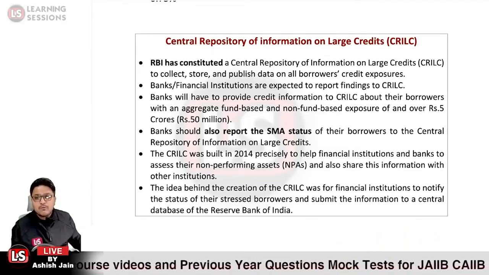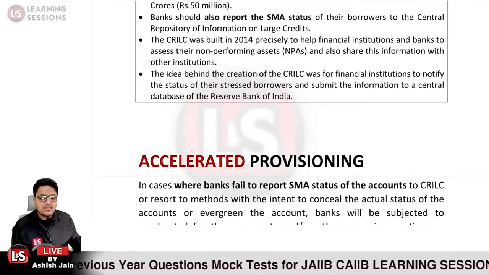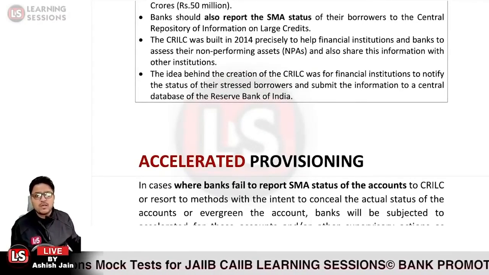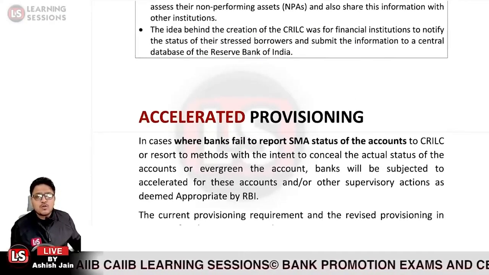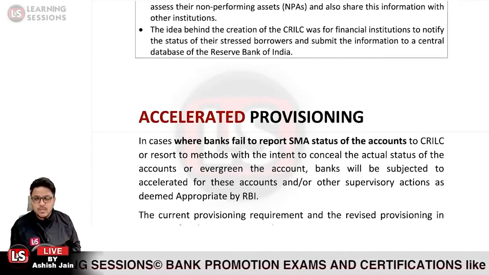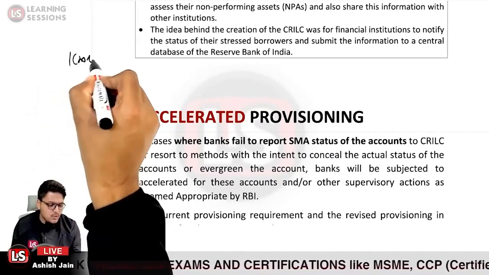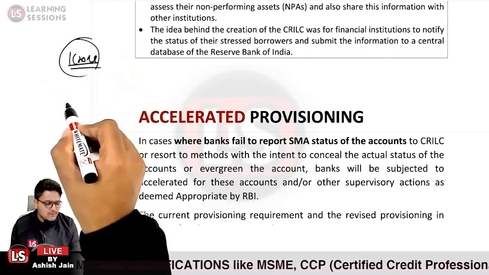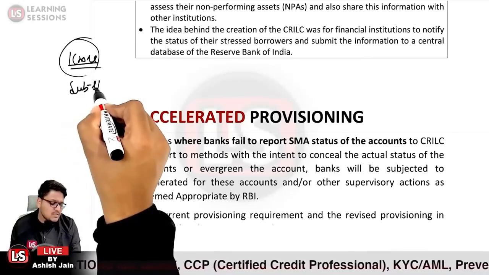Okay, and further, where the banks fail to report the SMA status of the accounts to the CRILIC, or resort to methods with the intent to conceal the actual status so as to evergreen the account. Because I already told you, let us take the case that a loan account of 1 crore is there, and it classifies as a substandard asset.